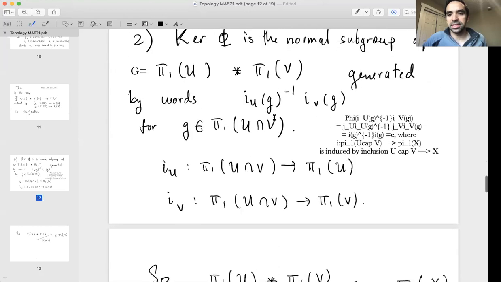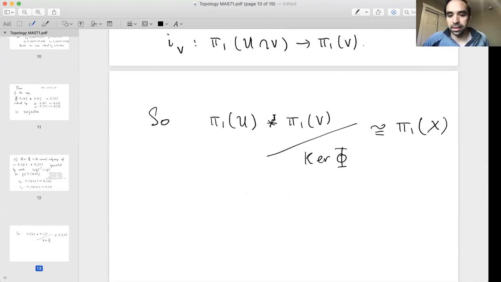By the way, why is this van Kampen useful? Well, because phi is surjective, this means that I have an isomorphism between the fundamental group of X and this quotient, by the first isomorphism theorem for groups.